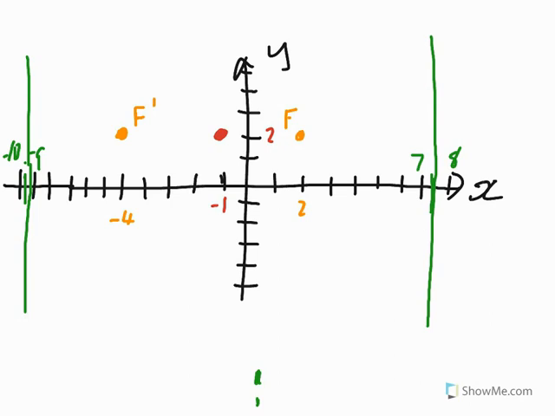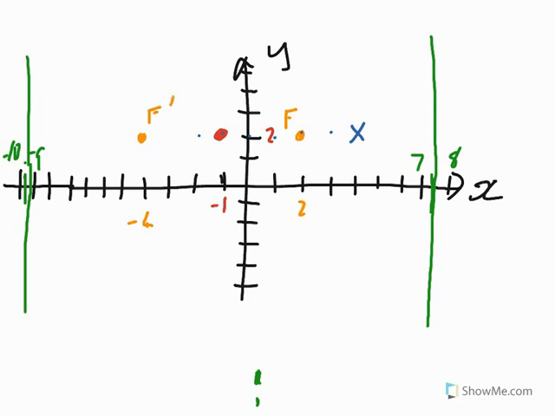Alright, our semi-major and semi-minor axis. The semi-major axis is 5 in the x direction, so from our centre we go across 1, 2, 3, 4, 5, we end here. And the other way, 1, 2, 3, 4. I've got that focus in the wrong spot because -4 is there.